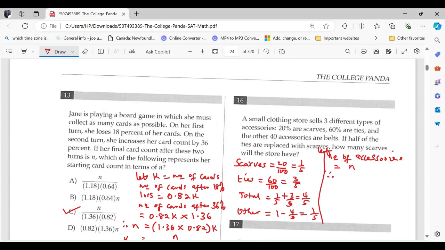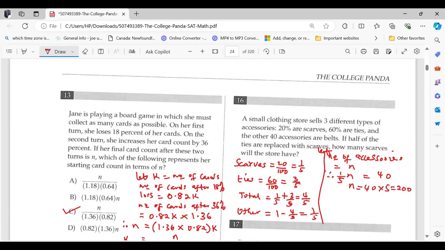Therefore, 1 over 5 n is equal to 40. So n is 40 times 5, which is 200.